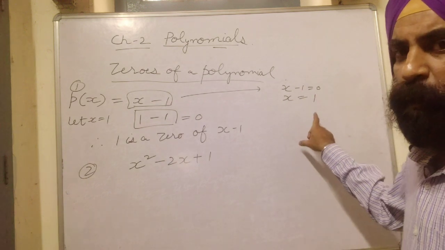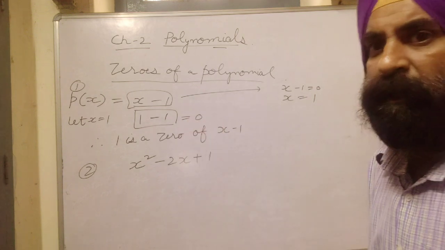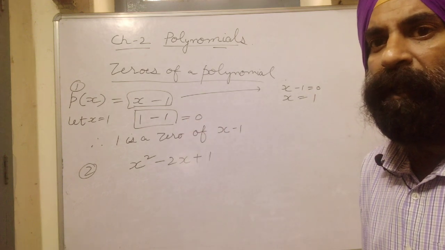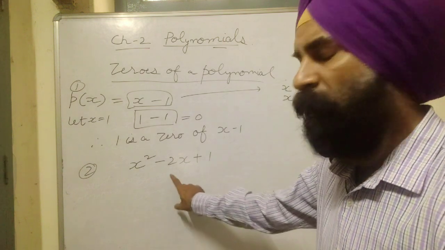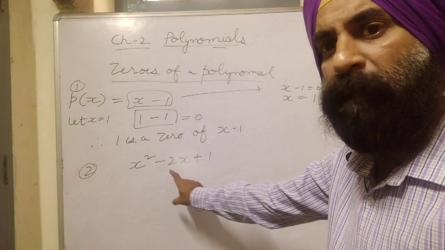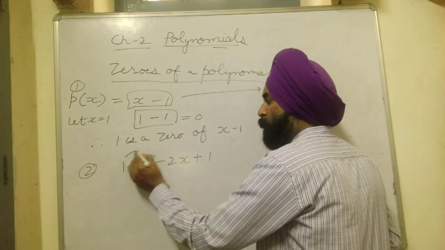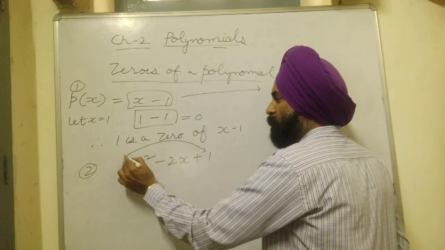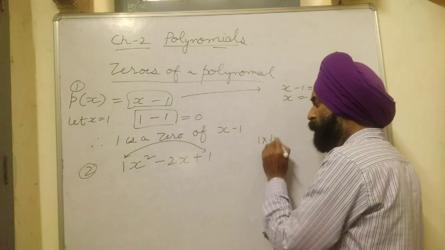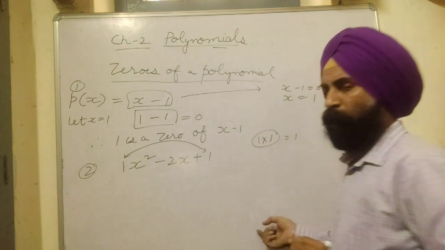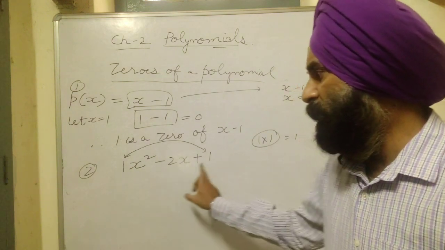And x equal to 1, we get the zero of a linear polynomial. So it's very easy to find the zero of a linear polynomial, but for a quadratic polynomial, you need to split the middle term. For this, the x square coefficient is 1, and 1 multiplied by the constant term 1 is 1. So I multiplied both the coefficients.